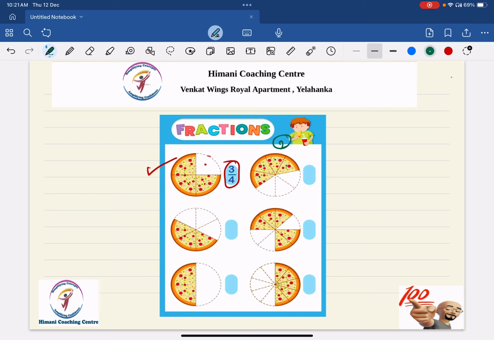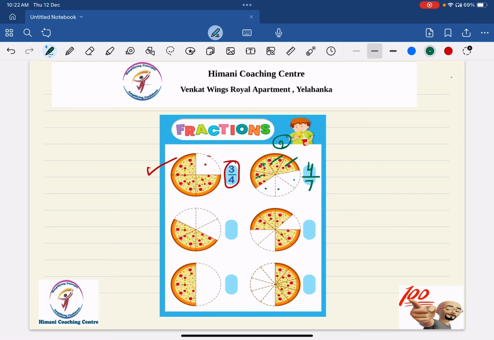One, 2, 3, 4, 5, 6, 7. So that 7 comes in the denominator. Now let us count the number of parts selected. So 1, 2, 3, 4. So what is this fraction? 4 upon 7. Now kids, pause the video and solve the next four questions here.